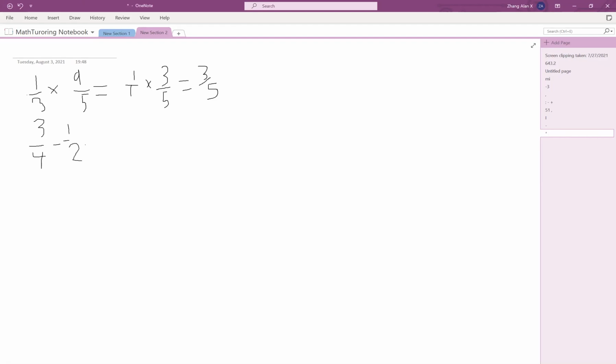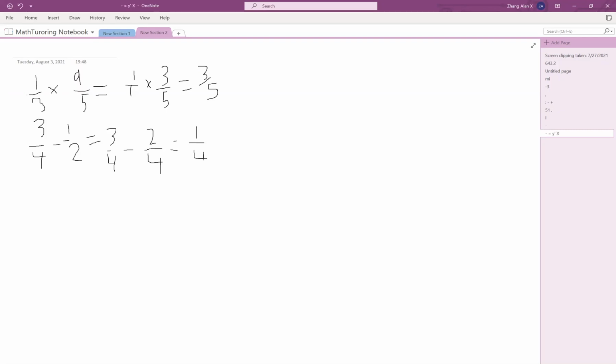Then we would just do the same thing we did last time. 3/4 stays the same. Times 2 top and bottom for 1/2. So then we get 2/4. So at the end of the day it equals 1/4.